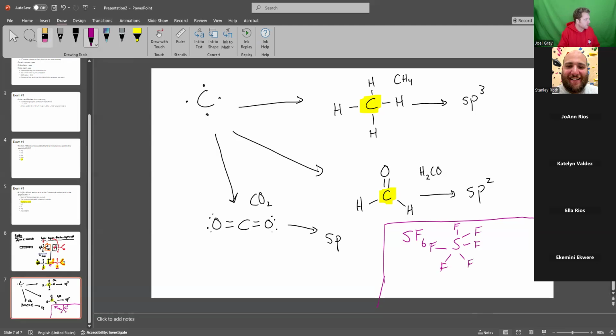Let me erase my SF6 there. How many things surround that sulfur? We got 6 things around there. Stanley, I like where you're going. You're absolutely right. Now, this is one of the places where it gets tricky. We have three what are known as p orbitals.